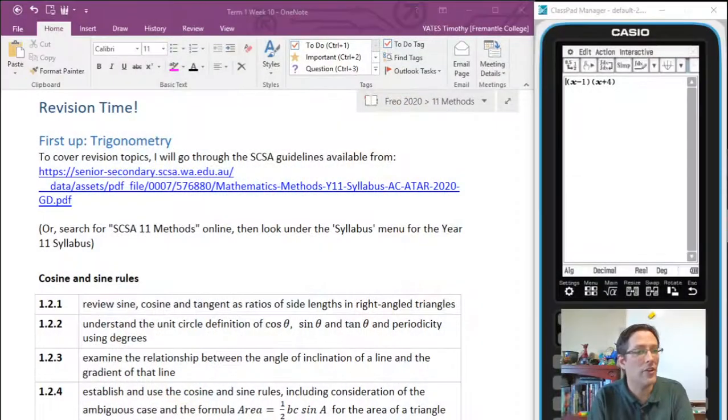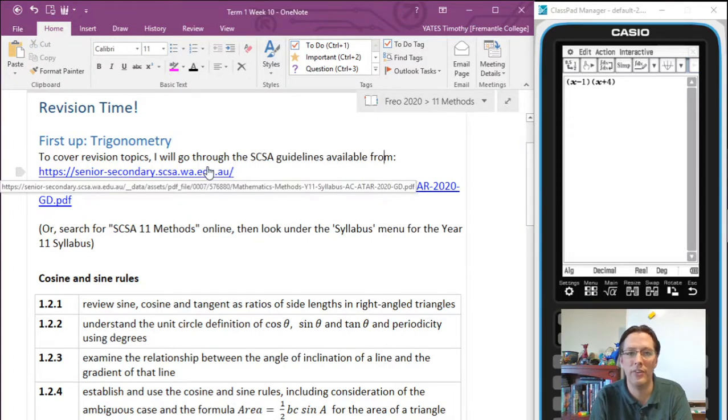Okay, so the first thing we're going to be looking at is trigonometry, which we covered at the start of the year. And I'm going to be going through the SCSA guidelines. So you can get those at this website. I will be putting these notes up online so you can get access to them at the end of the week.